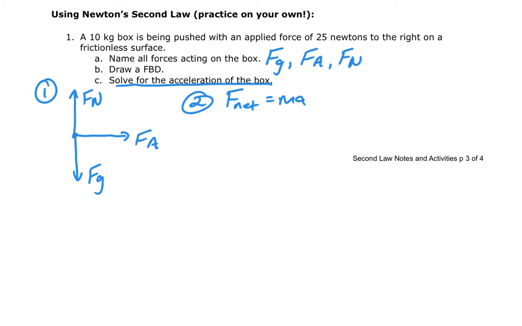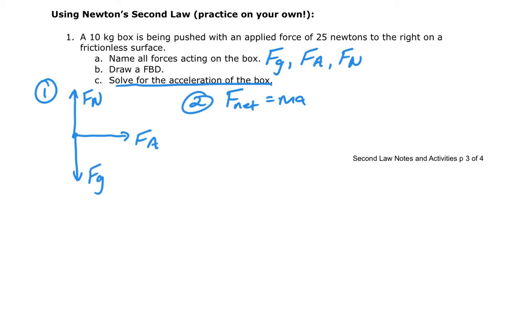Step three is where it gets a little tougher. Step three is where we have to plug in what we know for net force and mass and acceleration and solve for what we don't know. Now, the reason we have done this free body diagram is because we want to plug in what we know into the net force. We're using our free body diagram to figure out what to put in for the left side of this equation.